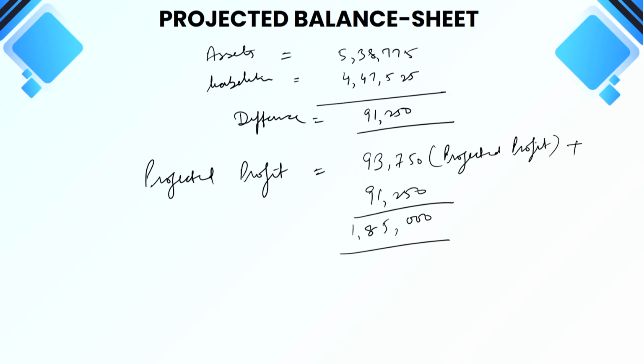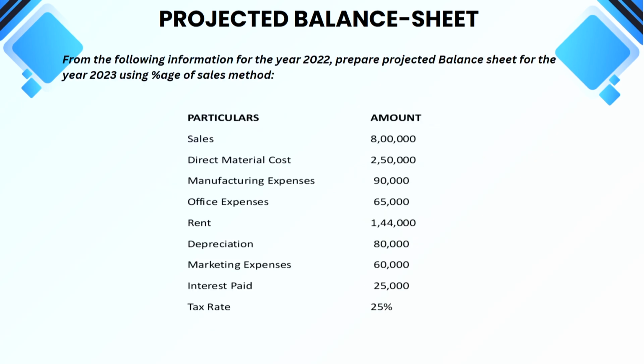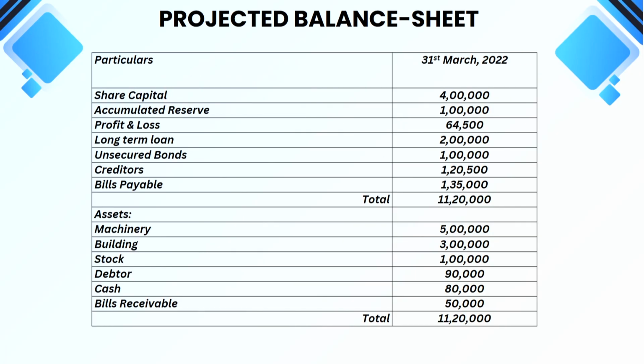So moving ahead with question number 3, here you can see that you are provided with information with regards to the sales, direct material cost, manufacturing expenses, office expenses, rent, depreciation, marketing expenses, interest paid, and the tax rate. Along with that, we also have balance sheet particulars provided.